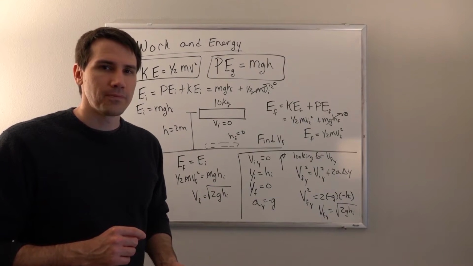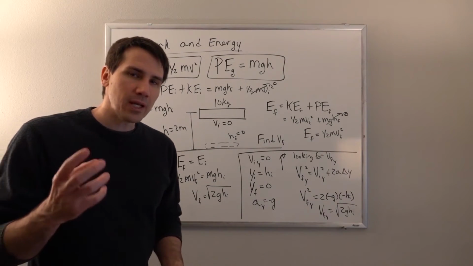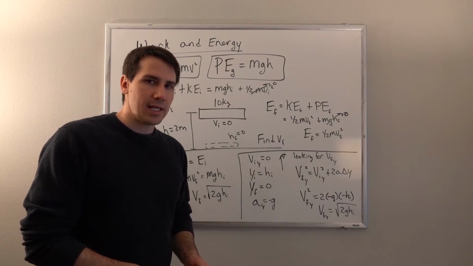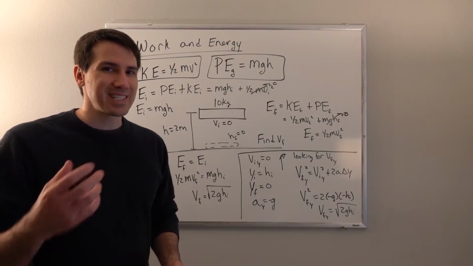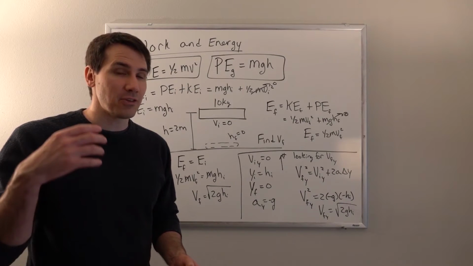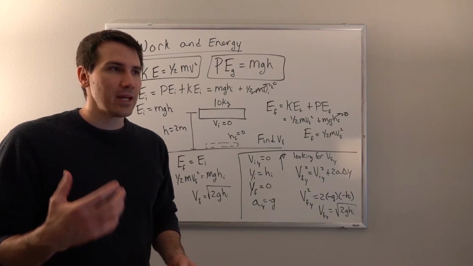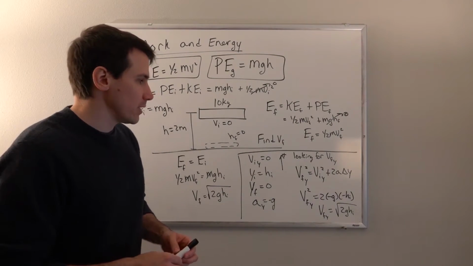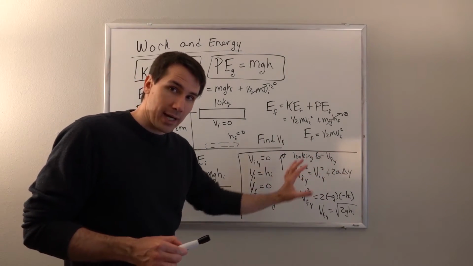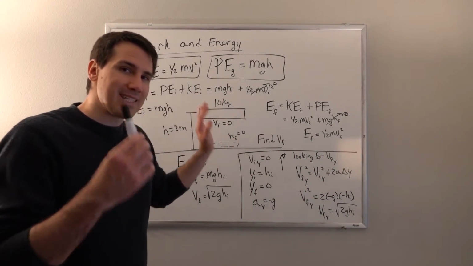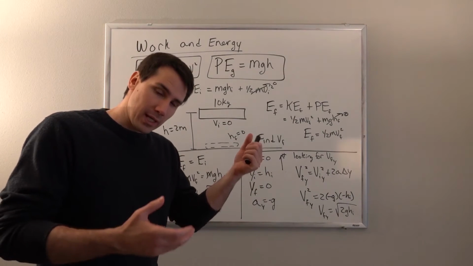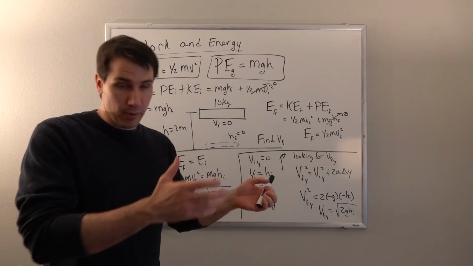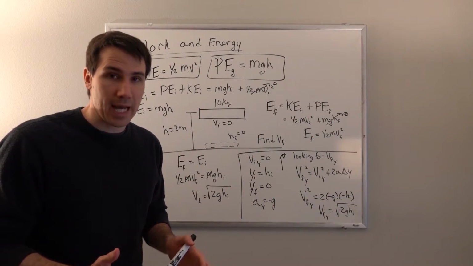That is true. The beauty of work and energy is that work and energy are all scalars. They don't have direction, and therefore you don't actually have to break them up into X and Y. And it doesn't matter if you are moving in X and Y or both, or in some very complicated path.